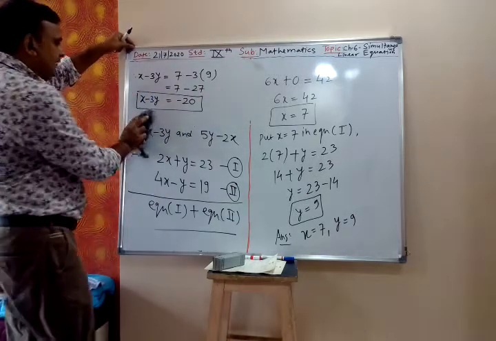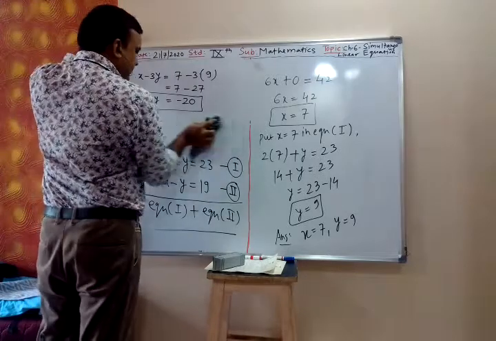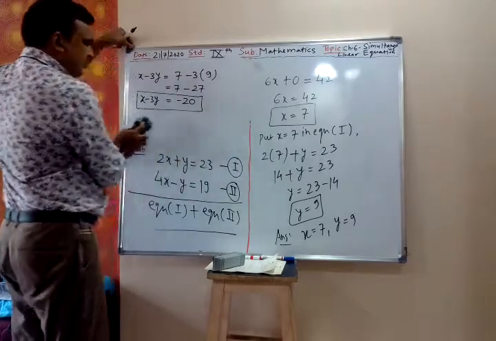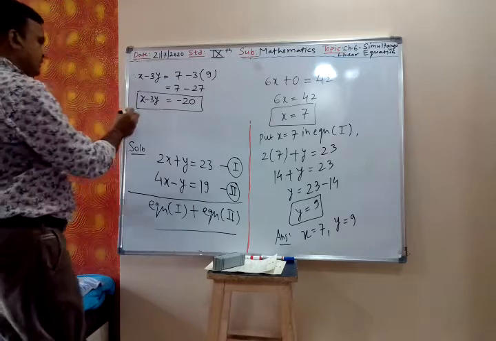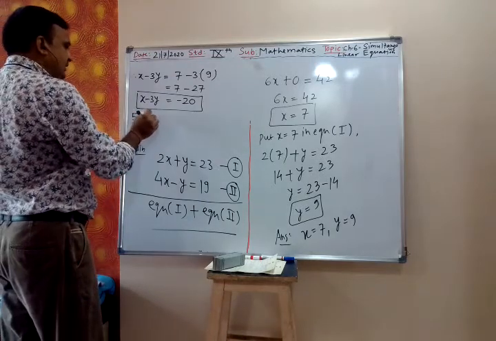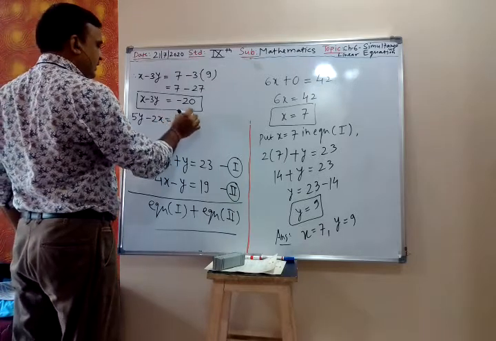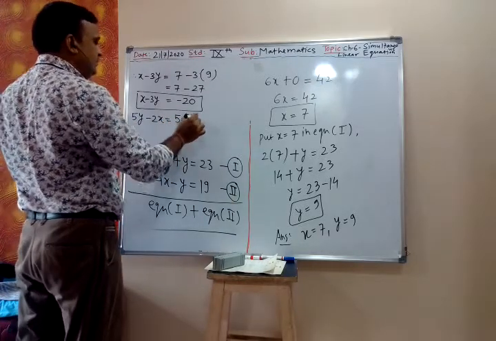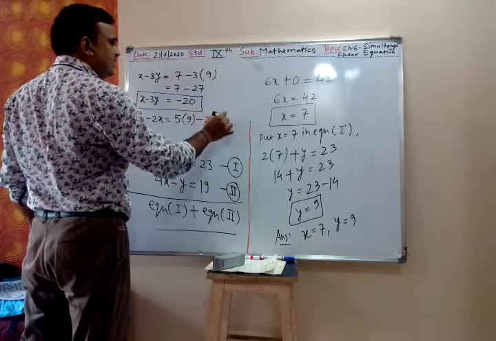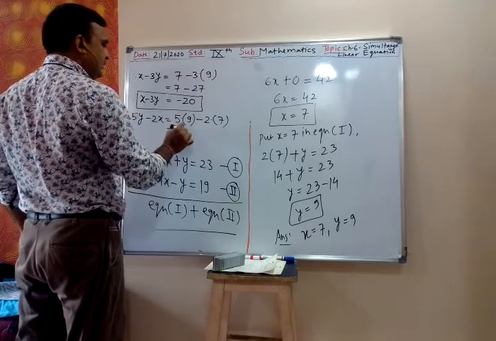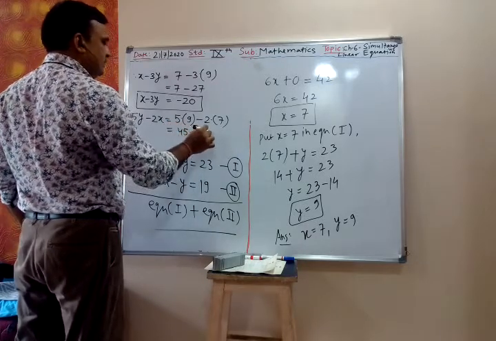Now similarly we find the value of 5y minus 2x. So 5 into 9 minus 2 into x. X is 7. So 45 minus 14, 7 twos are 14.